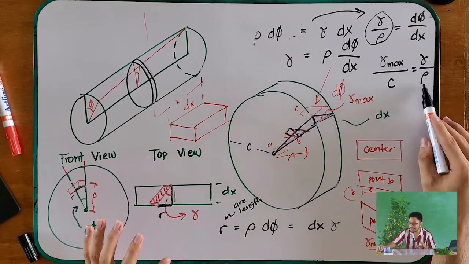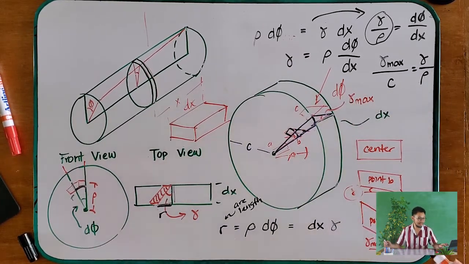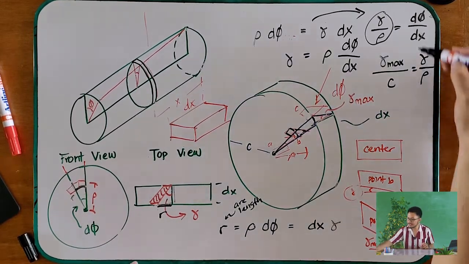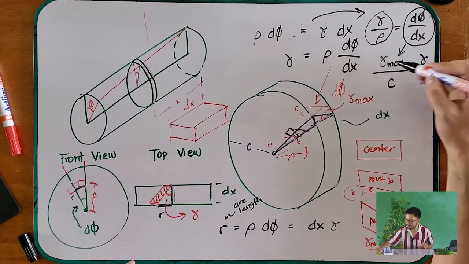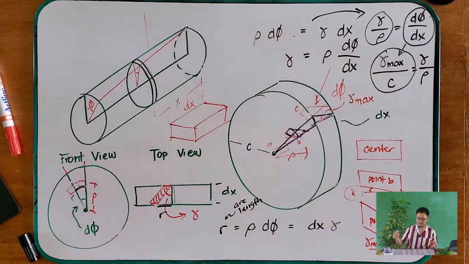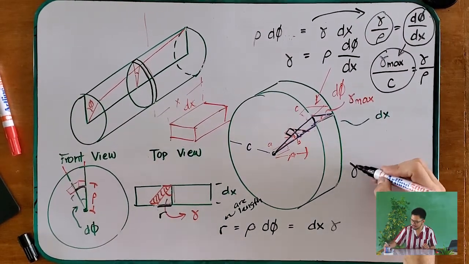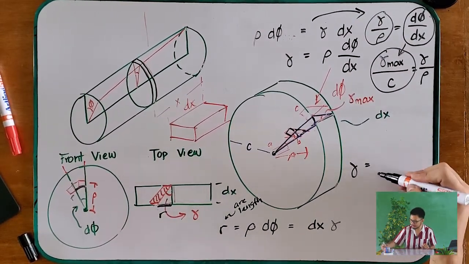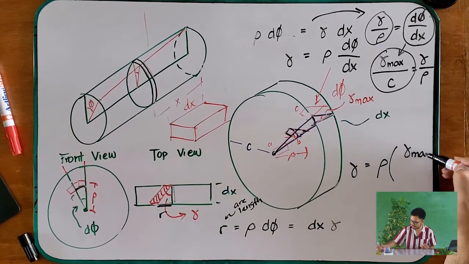So, these two are still the same. And therefore, we can arrive at an equation by substituting, since this one is equal to this one, then you will have this equation. Gamma is equal to rho times gamma max over C.